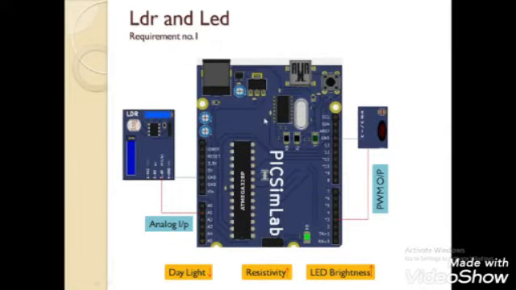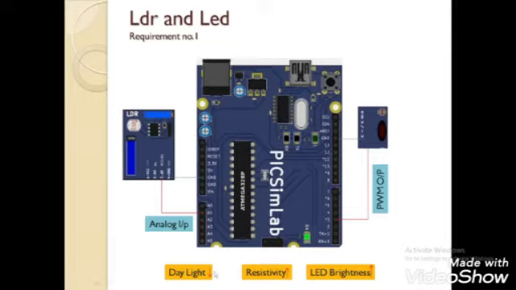So this is the implementation of the first requirement. We are using Arduino Uno. This is the LED where we are giving a PWM signal as output, which is connected to pin number 3, and we are taking the input from the LDR that is connected to analog pin A1.